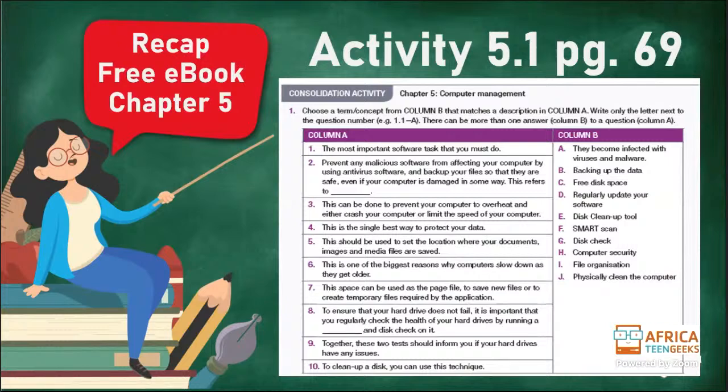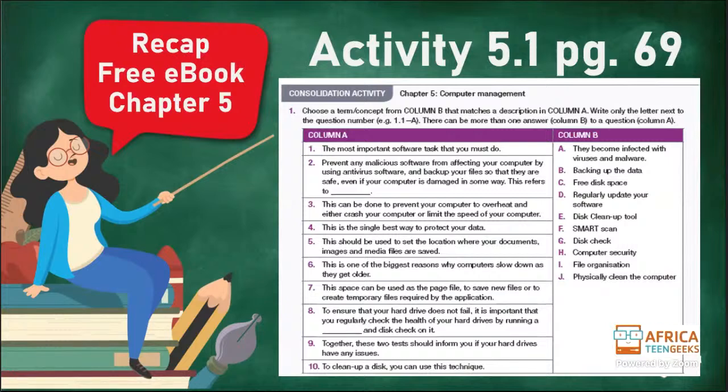This refers to what? What does it refer to? Let's just check. Prevent any malicious software, which factor, what does this affect on the computer?